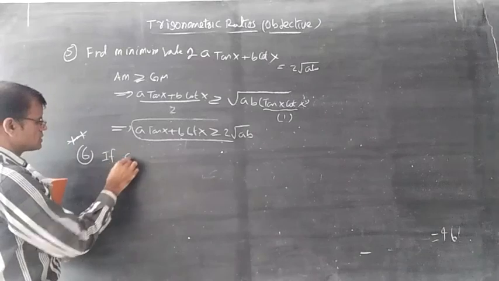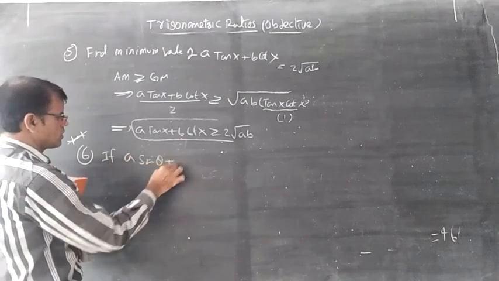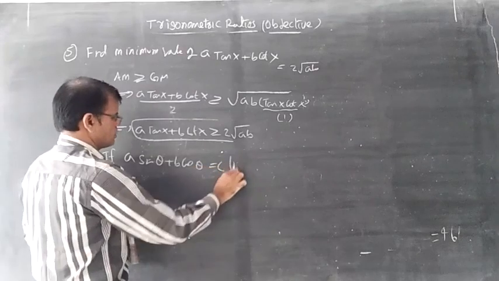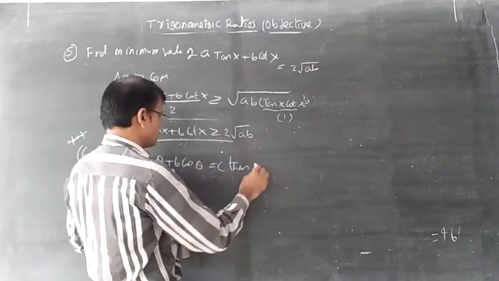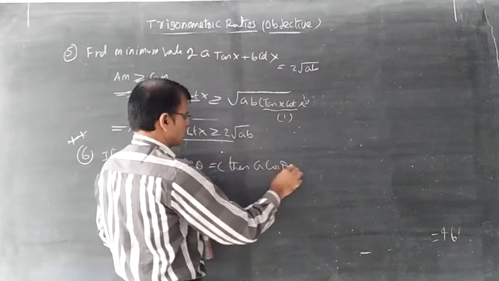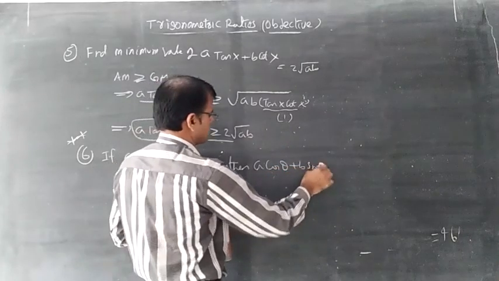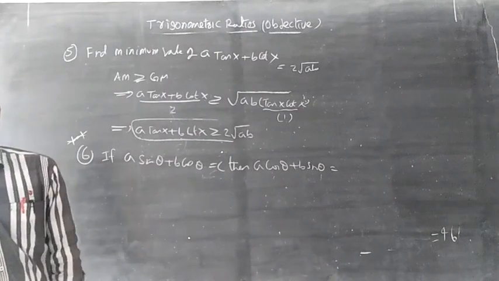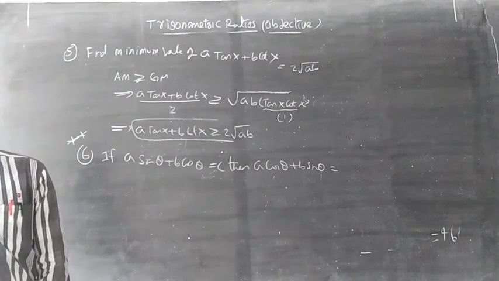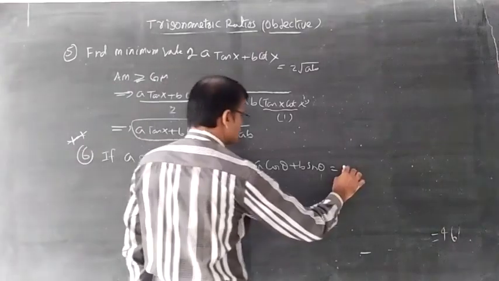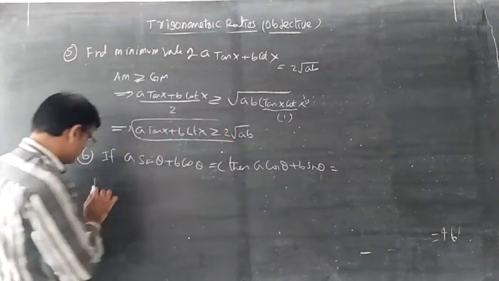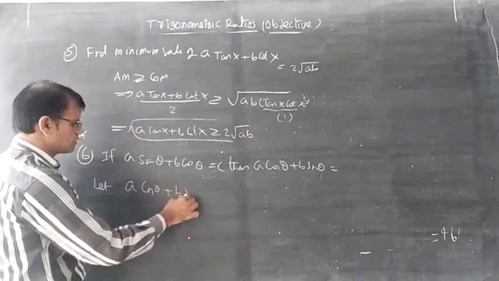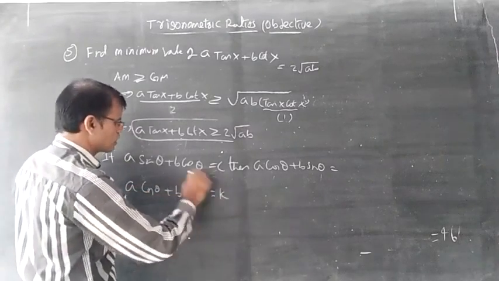If A sin theta plus B cos theta is equal to C, then what is the value of A cos theta minus B sin theta? Let A cos theta minus B sin theta be equal to K. We need to calculate this one.